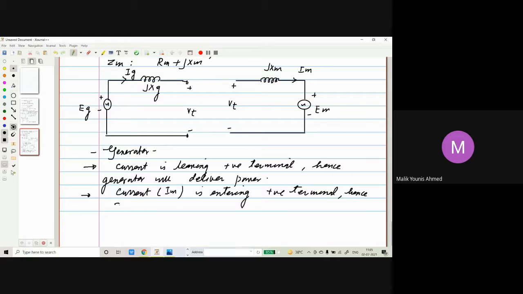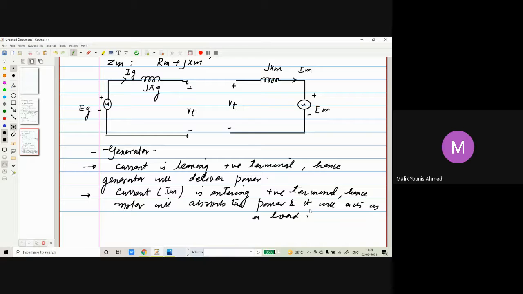Hence the motor will absorb the power. It will absorb the power and it will act as a load. So very clearly, this we have already seen in the network.